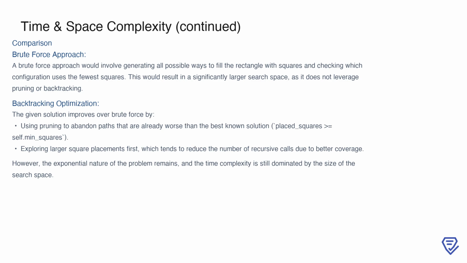By leveraging pruning, the algorithm abandons paths where the number of placed squares is already worse than the best solution found so far. Additionally, it prioritizes placing larger squares first, which tends to cover more area and reduce the number of recursive calls. Despite these improvements, the problem's exponential nature remains, meaning the time complexity is still heavily influenced by the size of the search space.